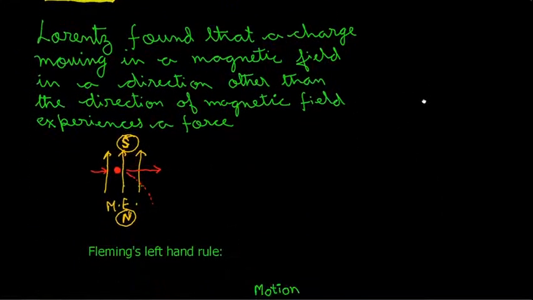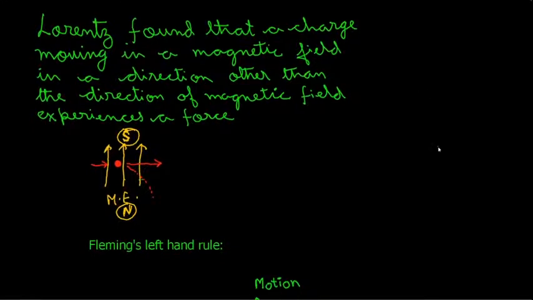So before going into force experienced by a current carrying conductor in a magnetic field, let's get to know about Lorentz forces. Okay, so Lorentz had found that a charge moving in a magnetic field in a direction other than the direction of magnetic field experiences a force.